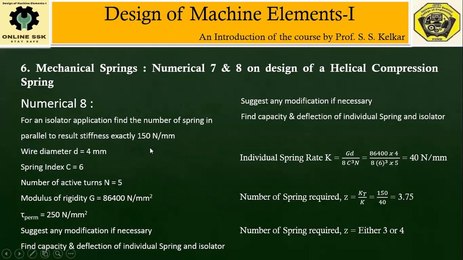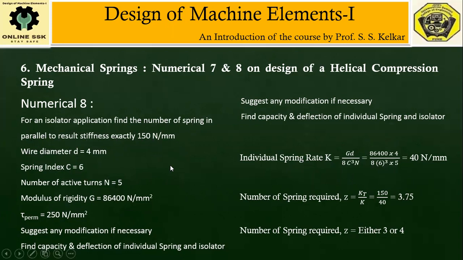Now they are asking us to find out the number of springs Z to result in effective stiffness equal to 150 Newton per millimeter. Here, let us first calculate individual spring stiffness K, which will be given by G d upon 8 C cube N. G is the modulus of rigidity, they have specified. d is the wire diameter, they have specified. C is the spring index, which is specified, and N, active number of turns, is also specified.